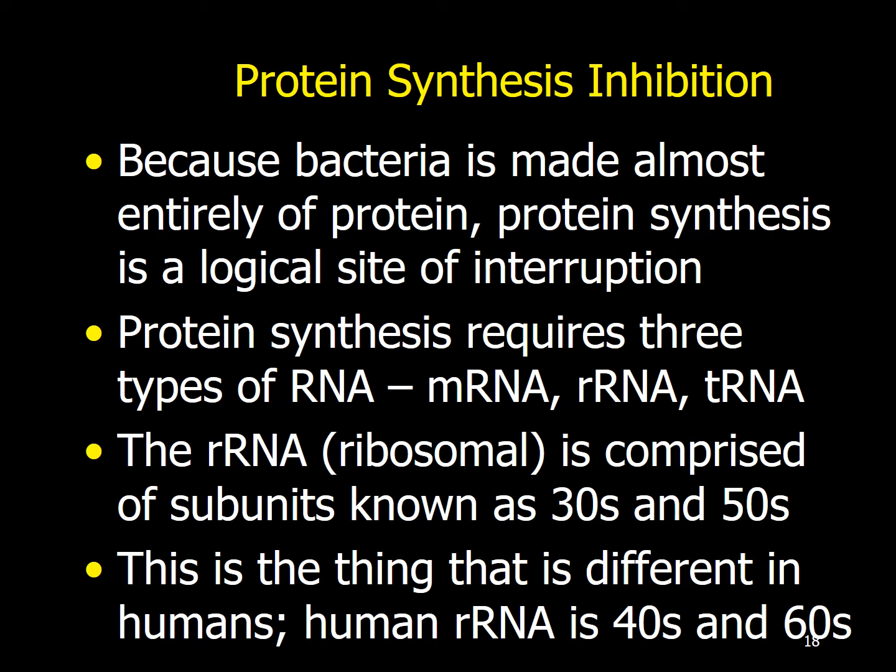In humans, we have 40S's and 60S's that will merge to form an 80S ribosomal subunit. So what's significant then is that if you have a drug that binds to the 30S or the 50S or the 70S ribosomal subunit, it won't interfere with human protein synthesis because that's not the Svedberg units of human RNA.